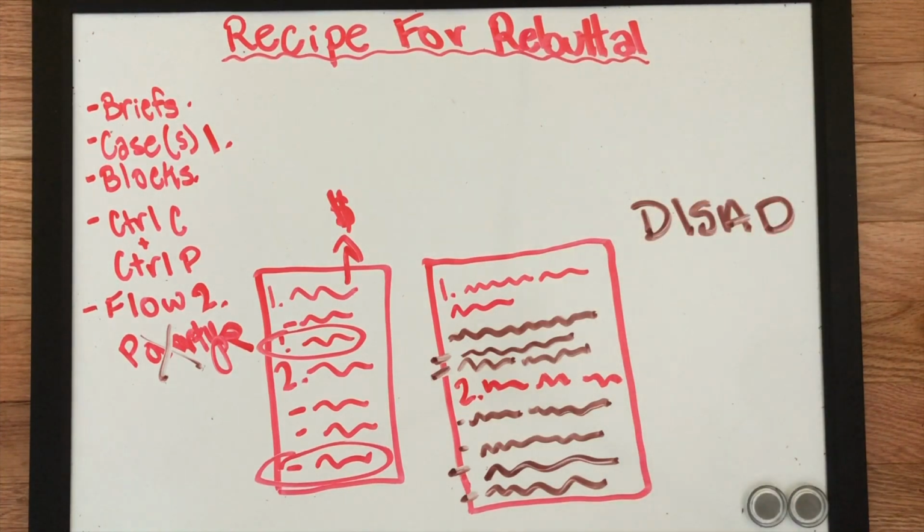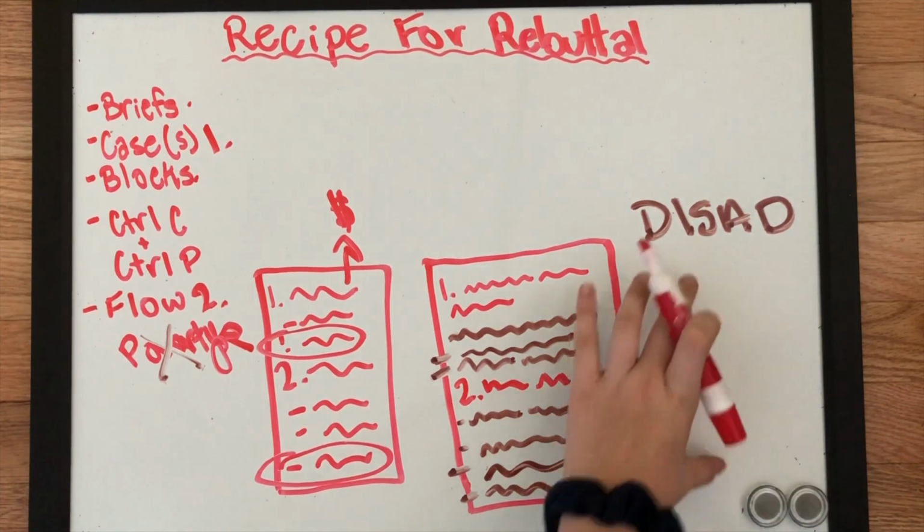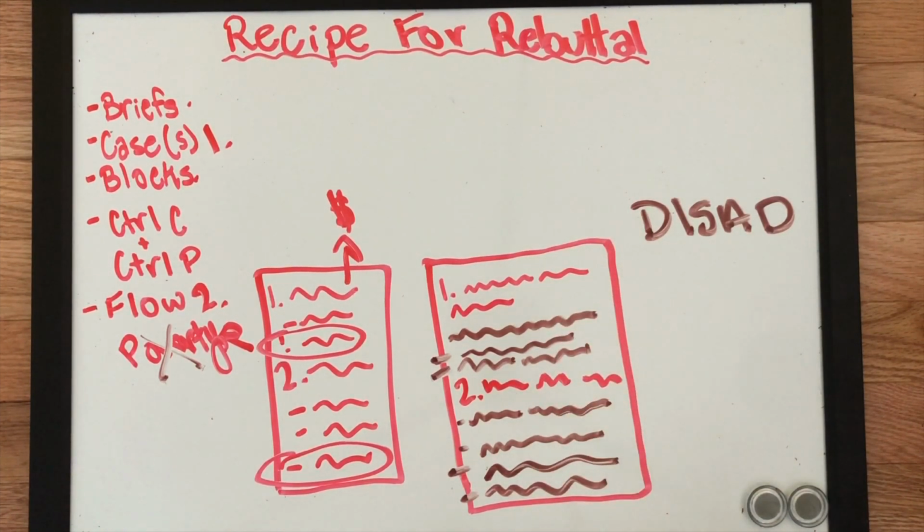A disad stands for a disadvantage, and it's basically an additional contention that you tack on to the end of your rebuttal. So if you're on the vanilla side of the debate, which we have been talking about, you can plug in your disad, which is basically another contention.